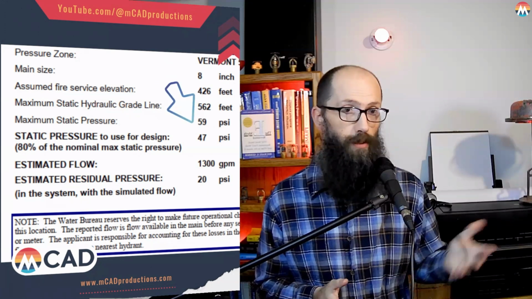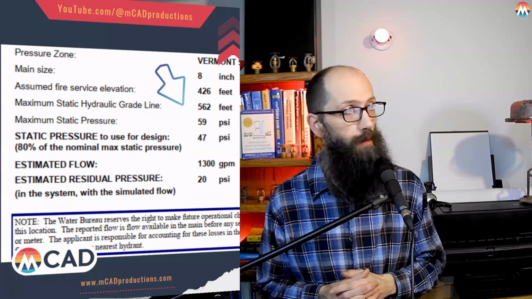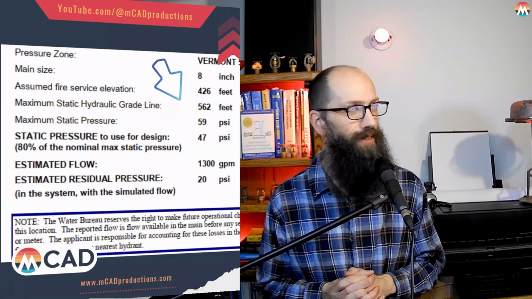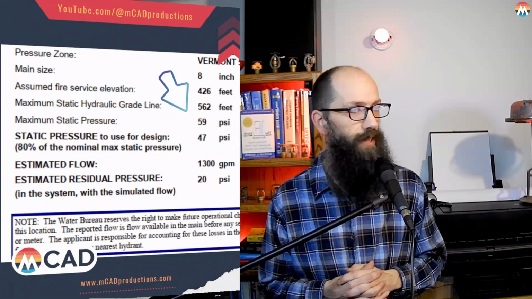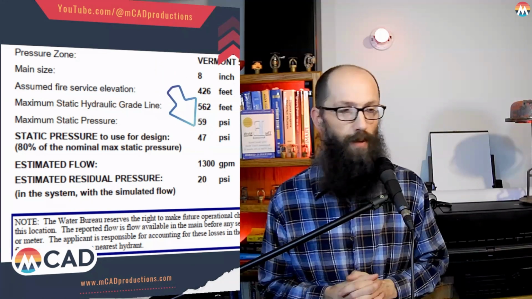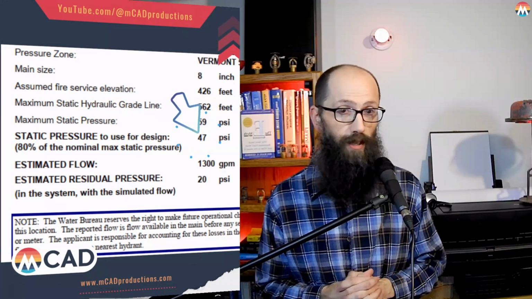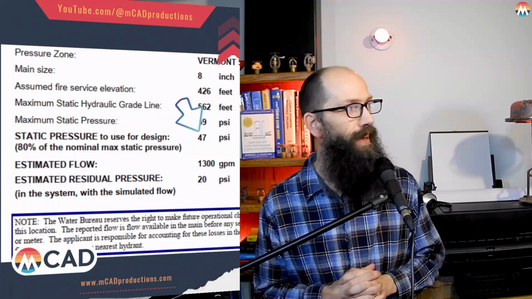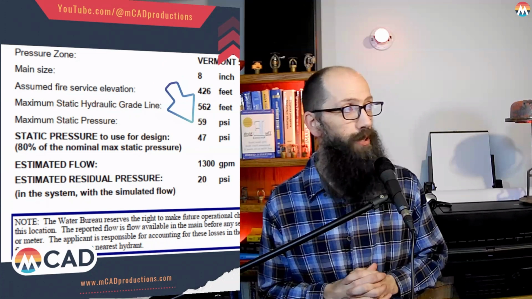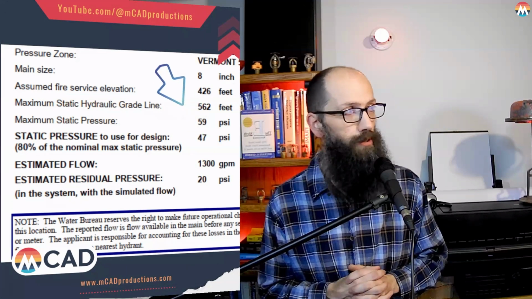Not really sure what happens if there isn't enough at that point, who's responsible, but that box that I chopped off, that note on there, is a big disclaimer saying it's not our problem if it doesn't work out. But anyway, so you use this 47%, or 80% of the total.